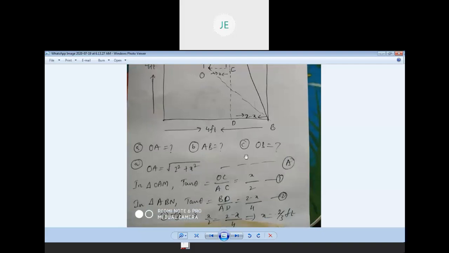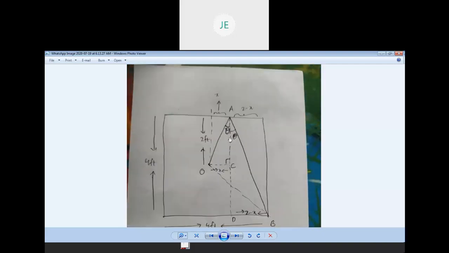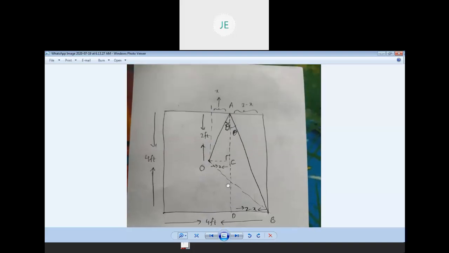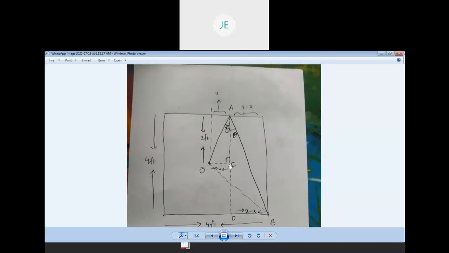To find x, we use the laws of reflection: the same angle at which it is incident, it gets reflected. Let us take this as a normal, a perpendicular line, and consider the points C, O, A. In the OAC triangle, apply tan theta.